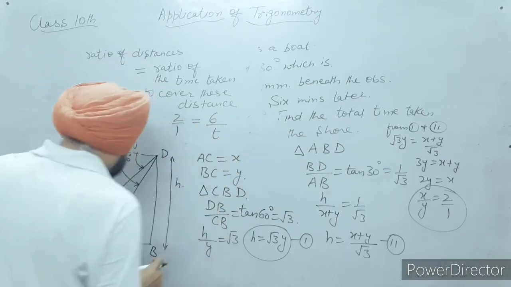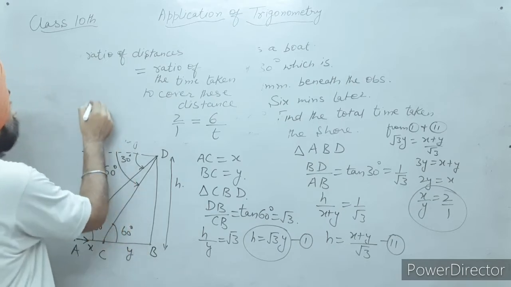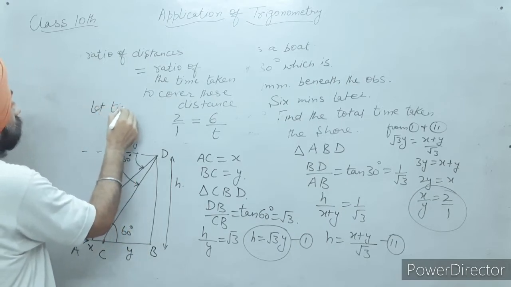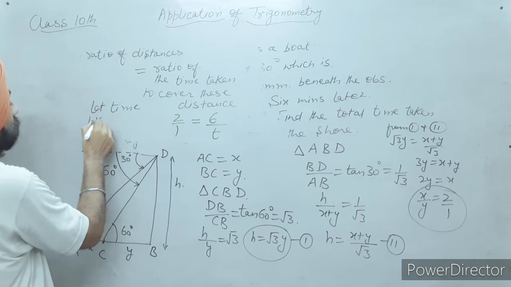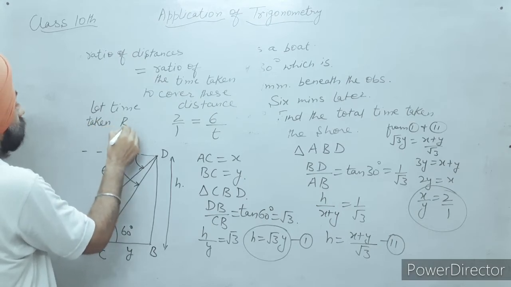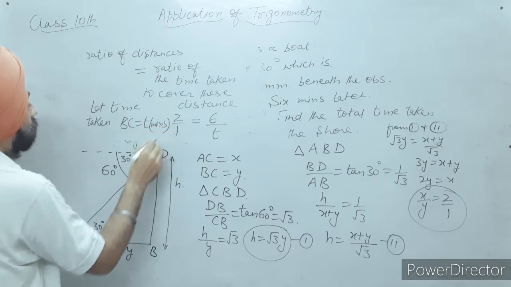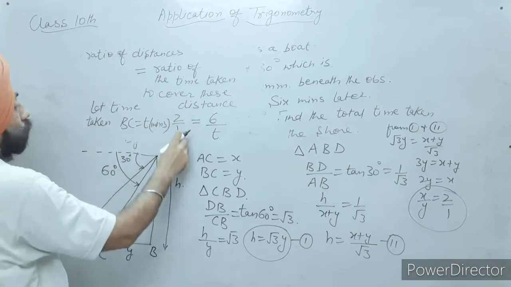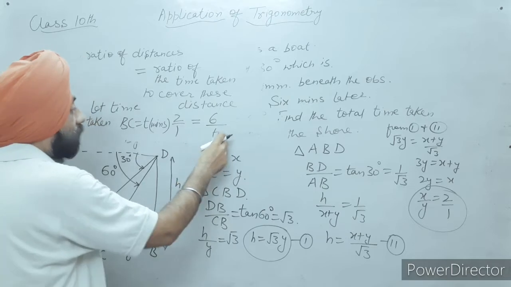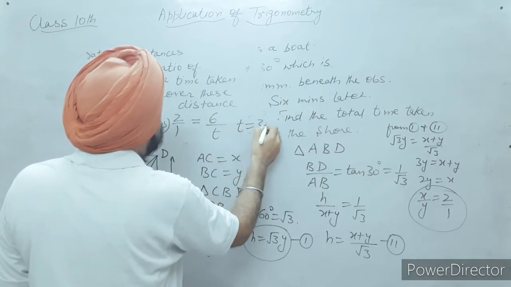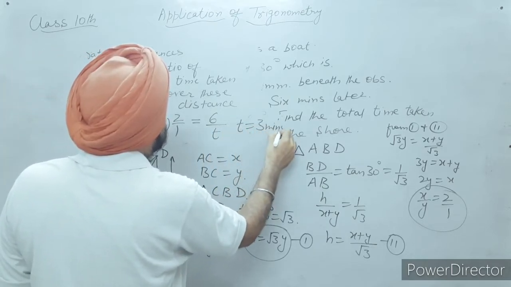Let the time taken to cover BC distance be T minutes. Then 2 upon 1 equals 6 upon T. I get T equals 3 minutes.